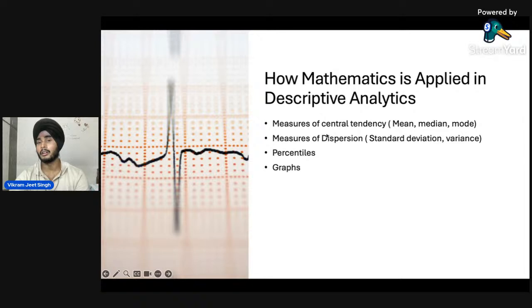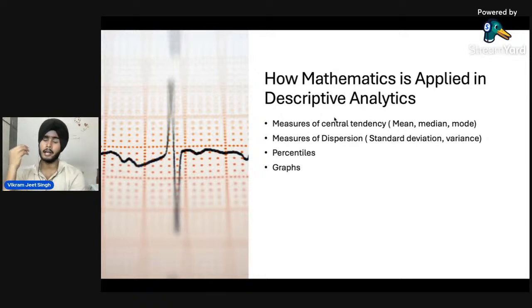Now if we talk about why we are using it, let's assume that I am a data analyst working for a company which sells clothes. Now I want to understand what has been the average sale of the whole quarter. So for that, I will use the mean, the most basic one.